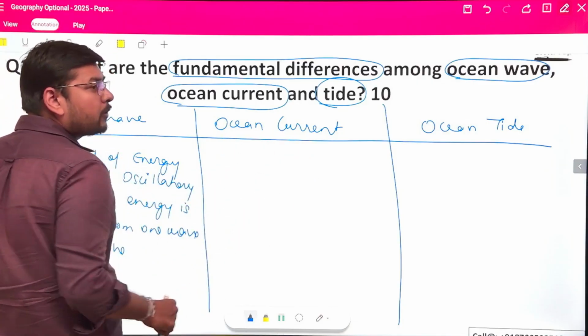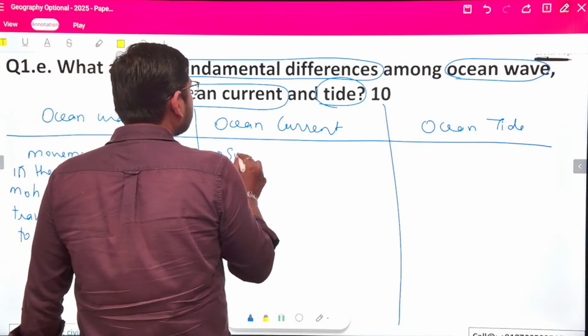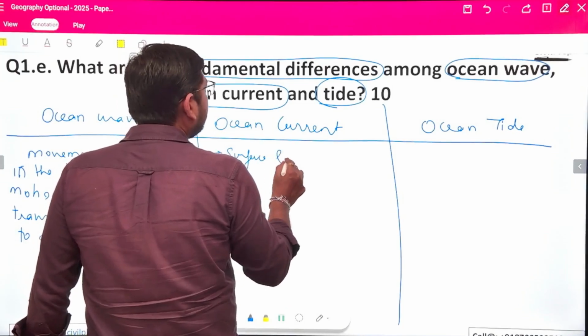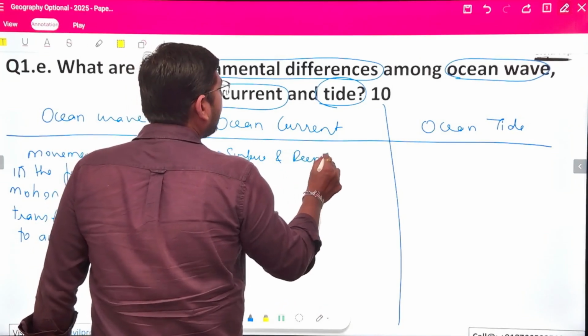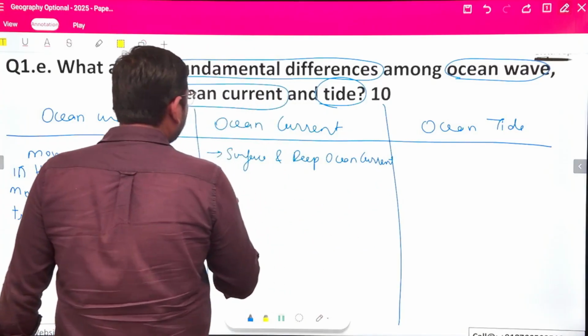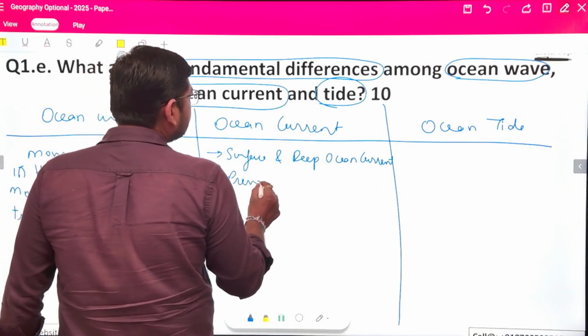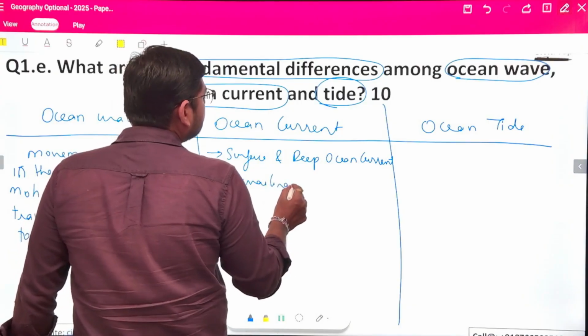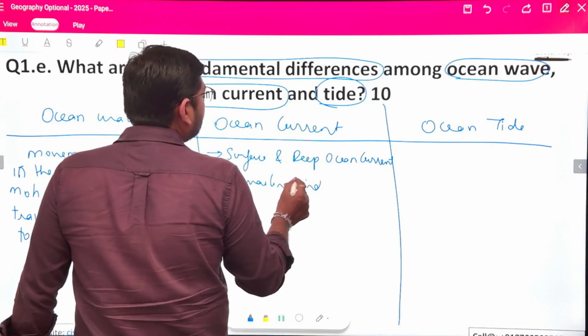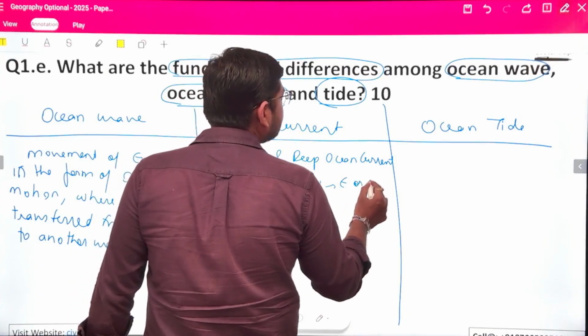Okay, when we talk about the current, ocean currents are of two types, that is surface and deep ocean current. They are developed with the help of the prevailing winds like easterlies or westerlies.